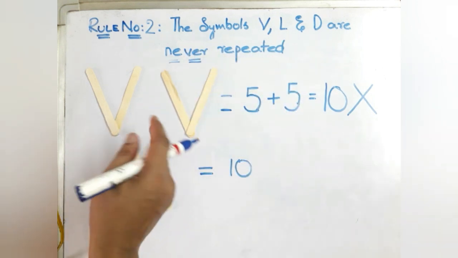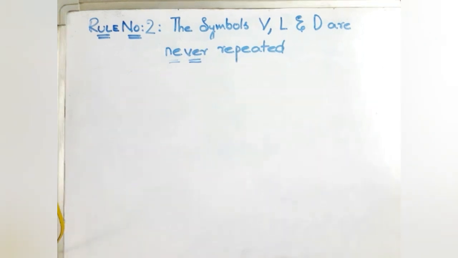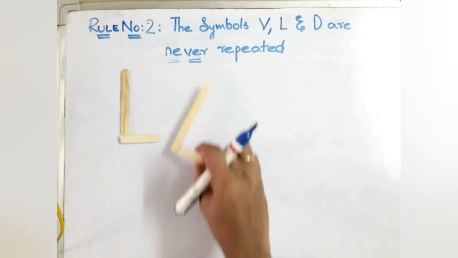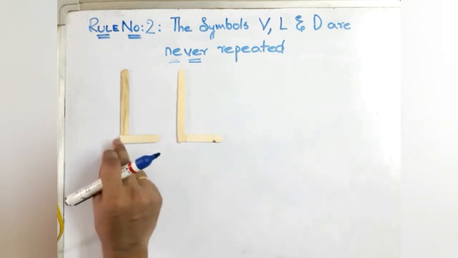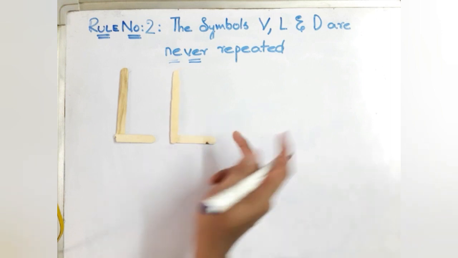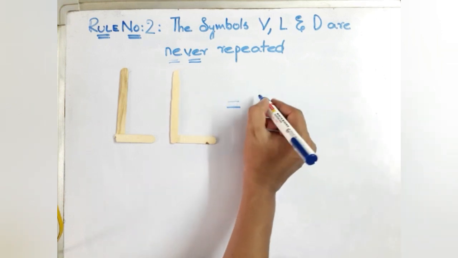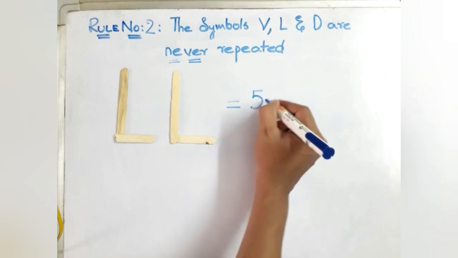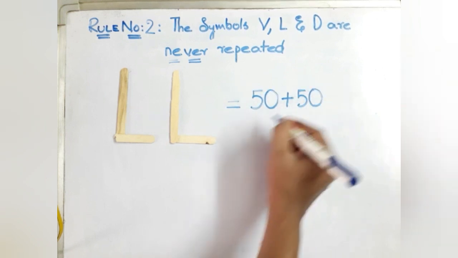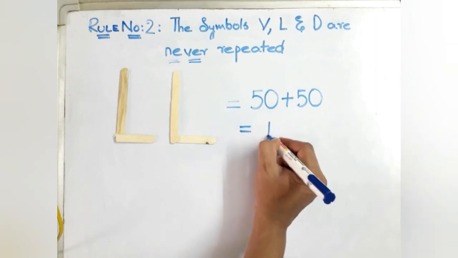Let us check with L once. See, I am writing like this, for example, L and L. The value of each L is 50, as you know. 50 plus 50 is equal to 100.